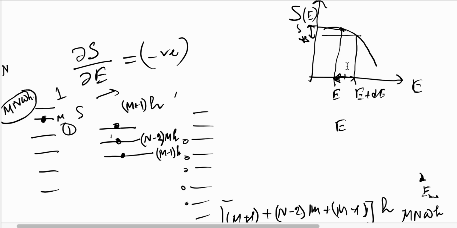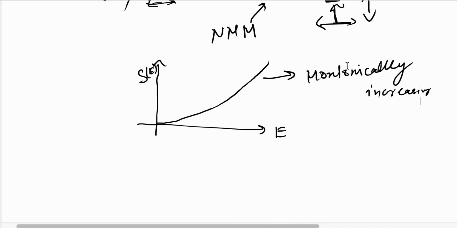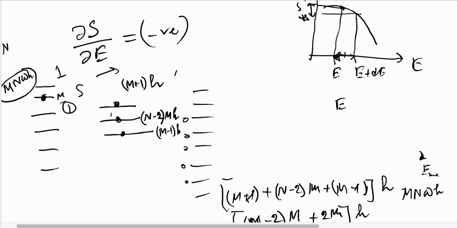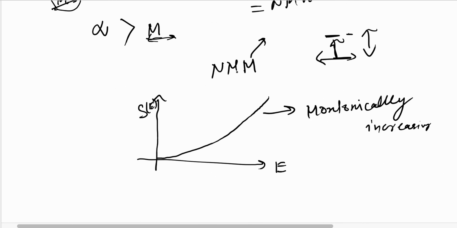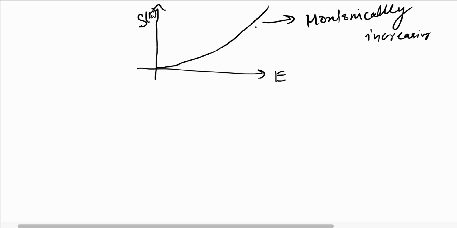But for the infinite staircase, by the definition of infinity, it is guaranteed that there will always be an upper stair which increases the possible number of ways. That means it is guaranteed that for the infinite energy case the minimum does not exist. Del S del E will never become negative. It always increases monotonically with energy.